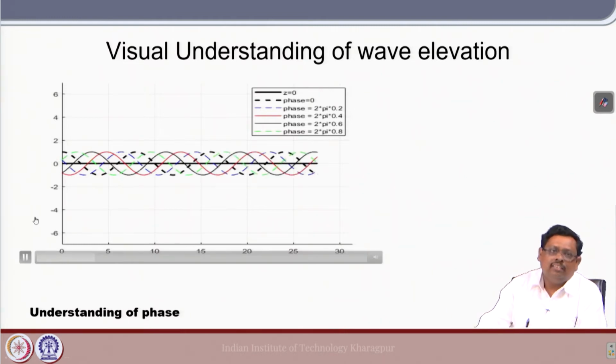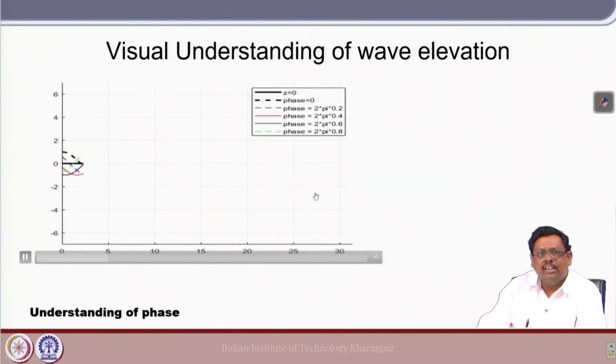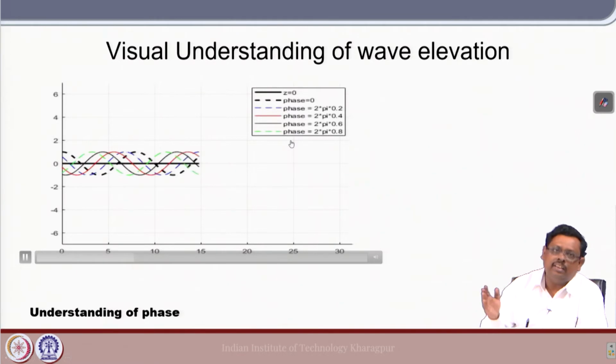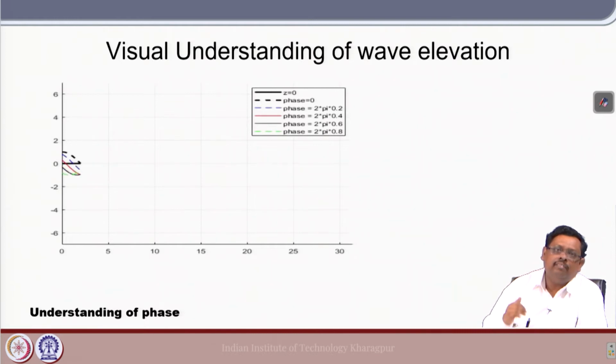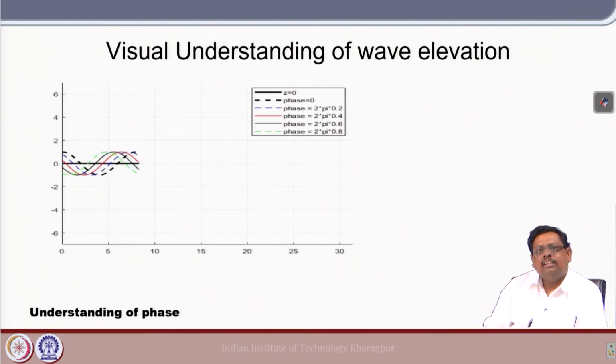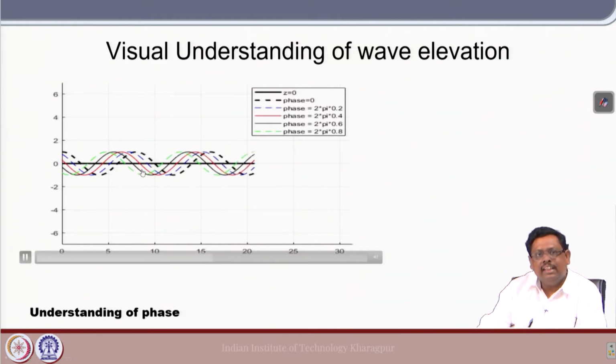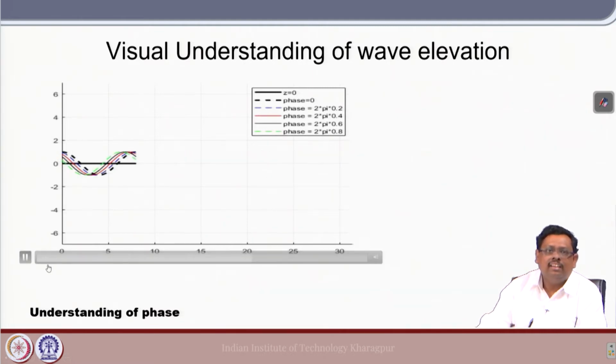Now, slowly I make all the phases equal to 0. Initially it is 0.8, then 0.6, then 0.4, then 0.2, and then finally we get the phase equal to 0. Once I do that, I can see that this wave is not propagating now. Let me move the video a little bit here.